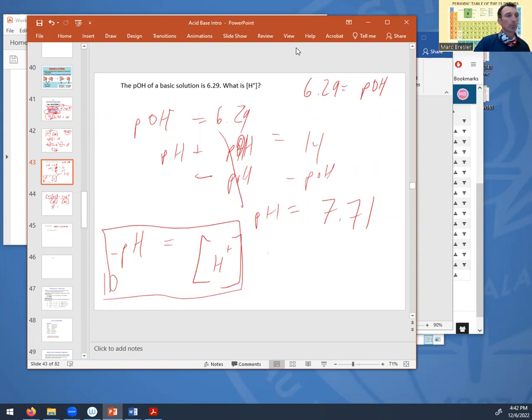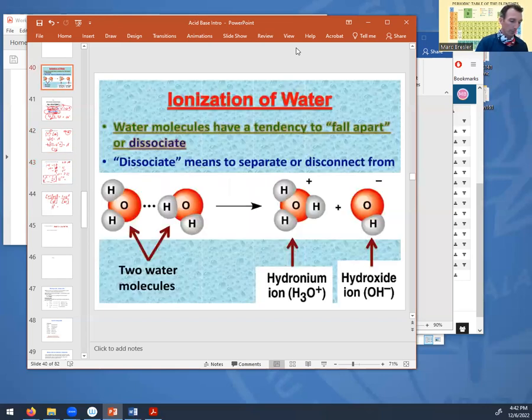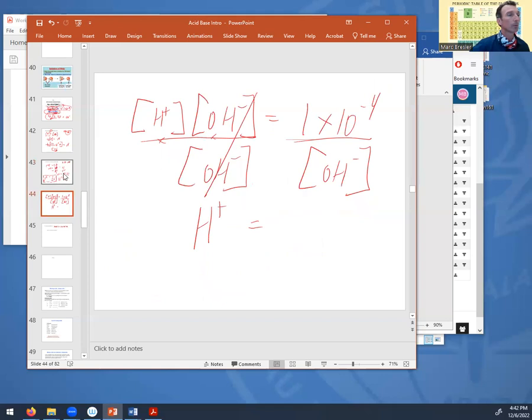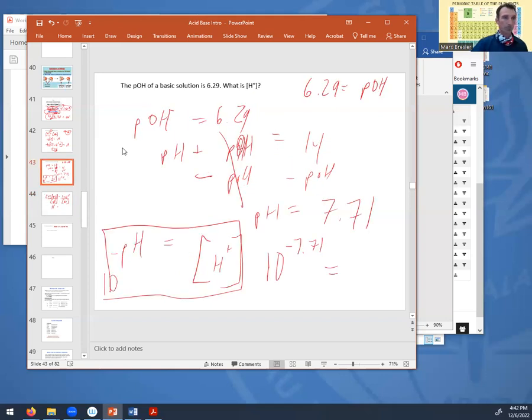So 10 to the negative 7.71 equals our H plus, which is a really small number.